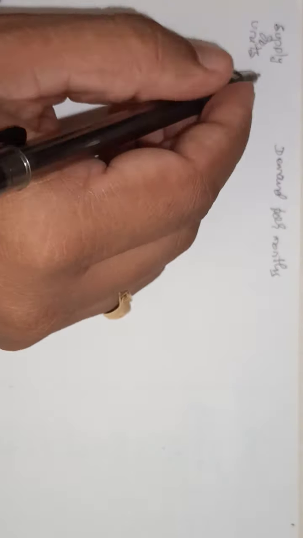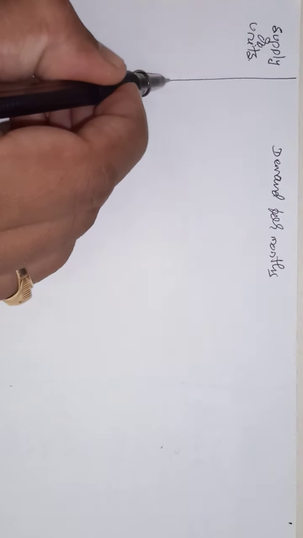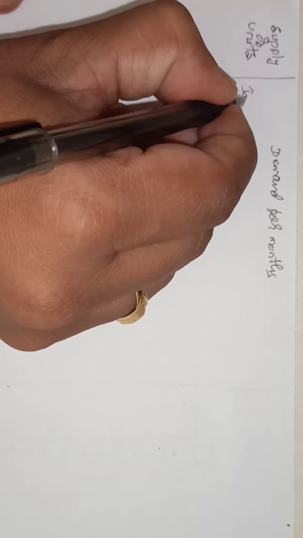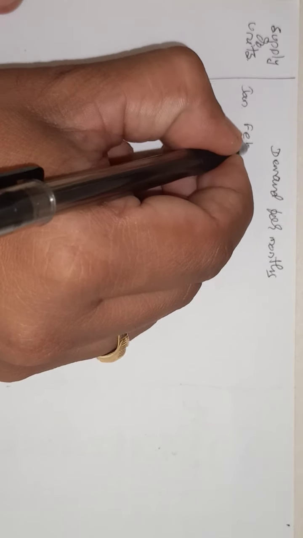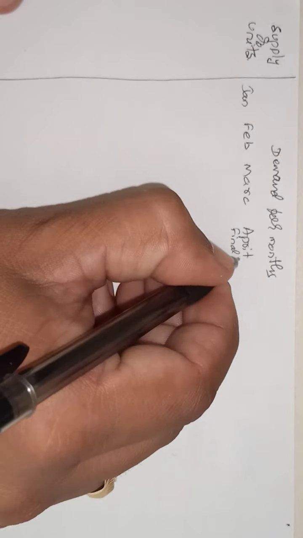Write that table first, and here how many months are there? January, February, March, and April plus final inventory.